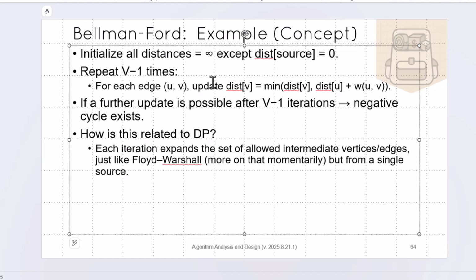If a further update is possible after V minus 1 iterations, a negative cycle exists, so that would be bad. How is this related to dynamic programming? Each iteration expands the set of allowed intermediate vertices and edges, just like the Floyd-Warshall, more on that momentarily, from a single source, though.